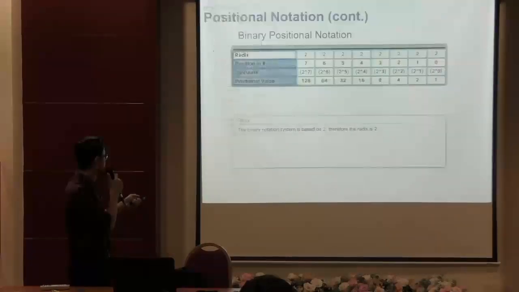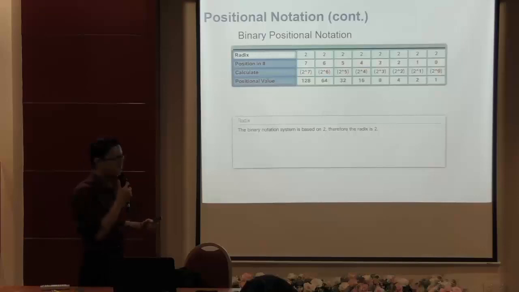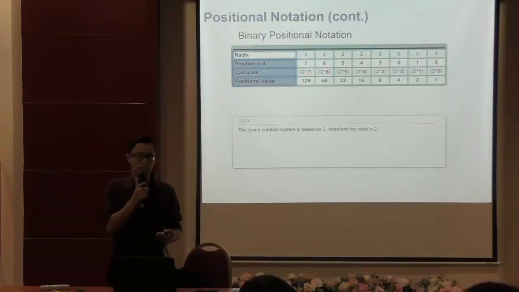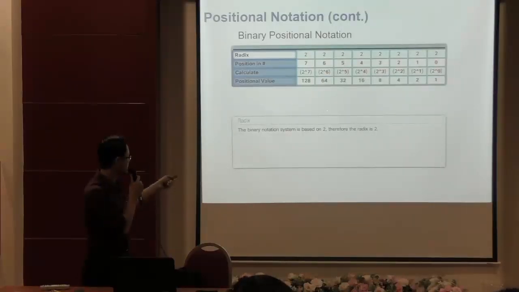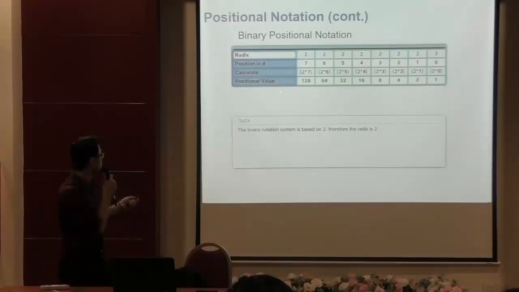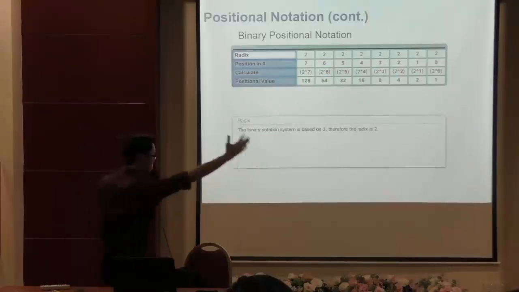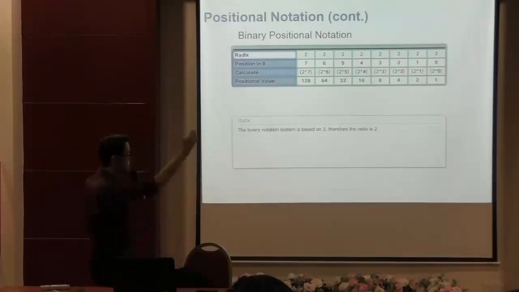Like I said, each octet contains 8 bits, represented by positions 1 to 8. To get the positional value, we start from the right.